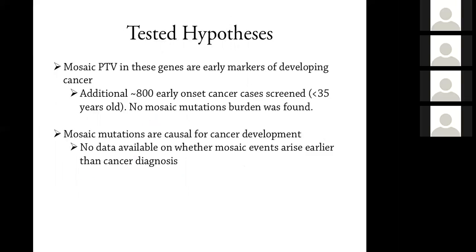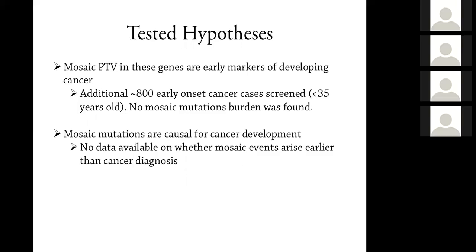Then a reasonable question would be to ask what's the reason for such mutations to arise? The idea is the following. First, you want to ask whether they are early markers of developing cancer. Those would be mutations that are either causal to the tumor onset, or they might be very early, since those are white blood cells, right?